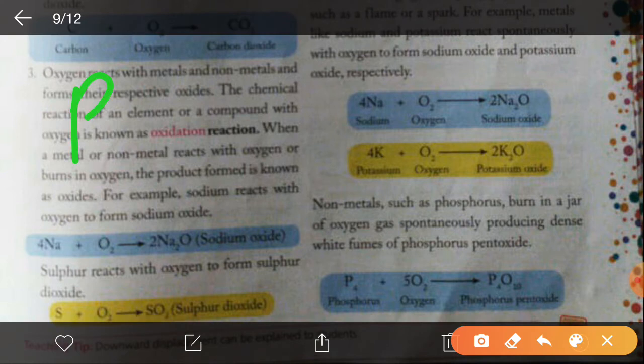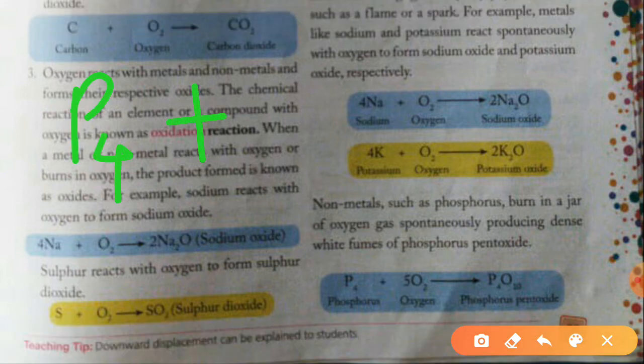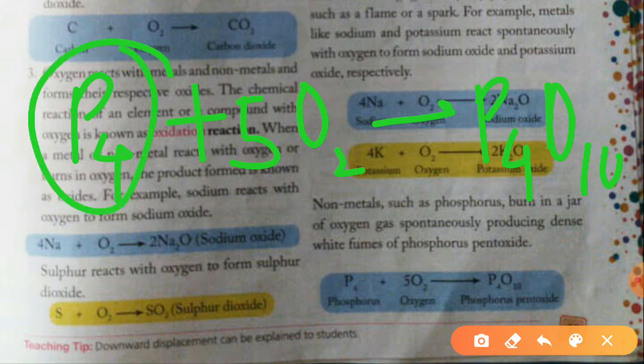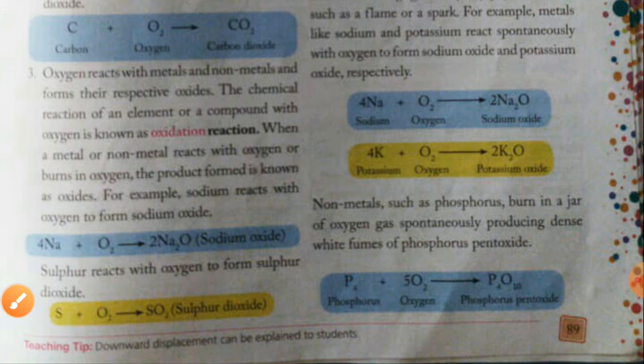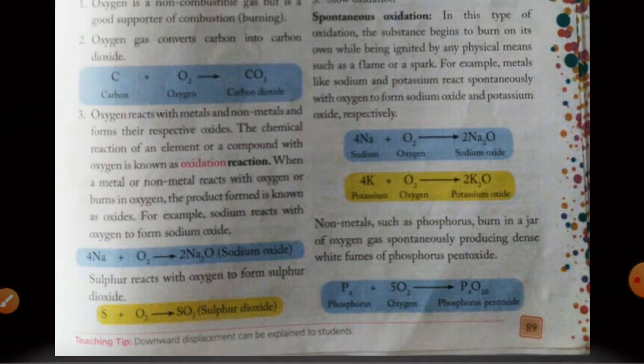Phosphorus also reacts very fast with oxygen to form phosphorus pentaoxide, P4O10. Sodium and potassium are examples of metals, and phosphorus is a non-metal that also reacts very fast with oxygen. So this type of oxidation is spontaneous oxidation, meaning the oxidation is very fast.